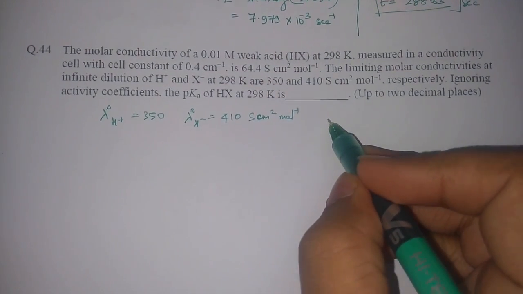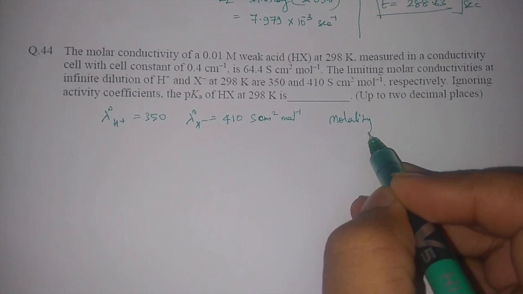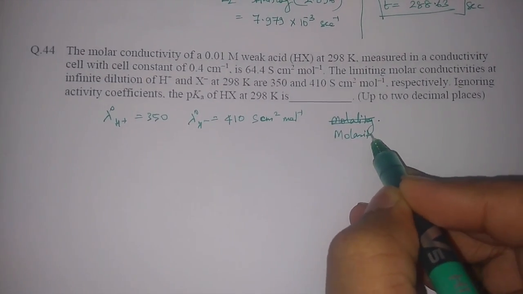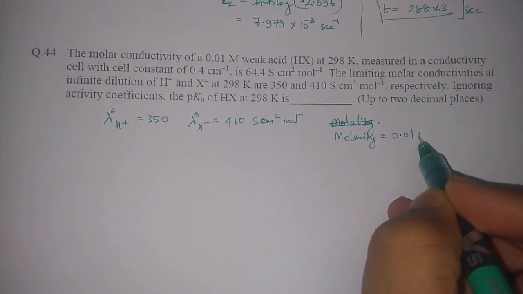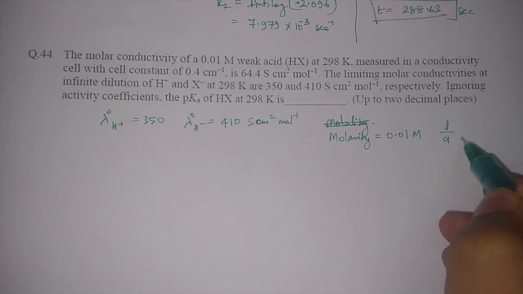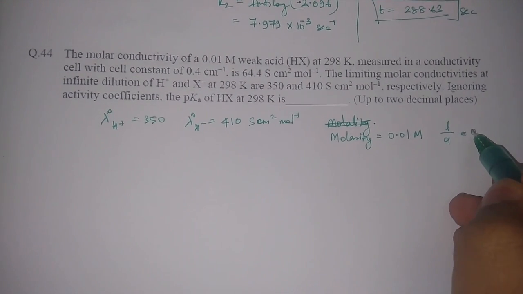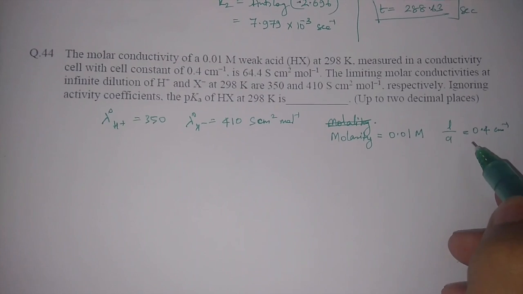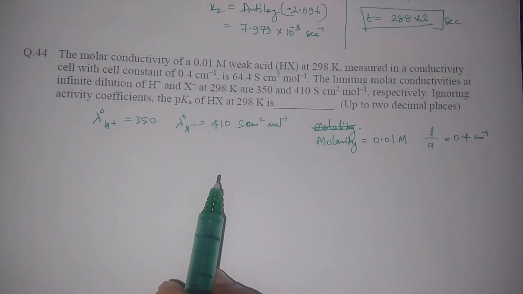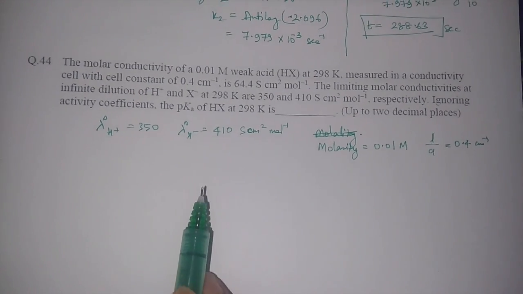And the molarity is 0.01 molar. Now cell constant, that is L by A, is called the cell constant, and that is 0.4 centimeter inverse. So basically all the units are in centimeter, moles and seconds, so you don't have to worry much about them.